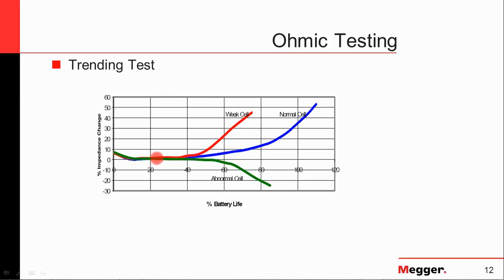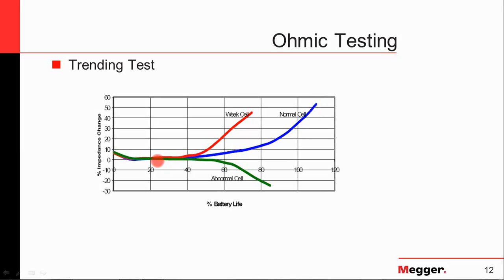And then normally, under regular conditions, they should remain fairly stable but slightly increasing up until a point where you get towards 60, 70, 80%, and then they start taking off, trending towards an open cell under normal conditions.